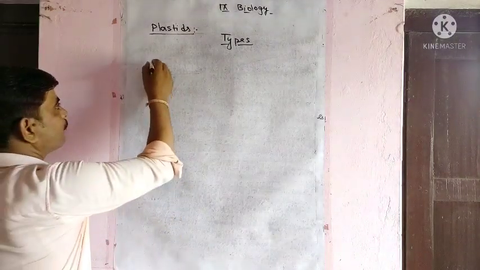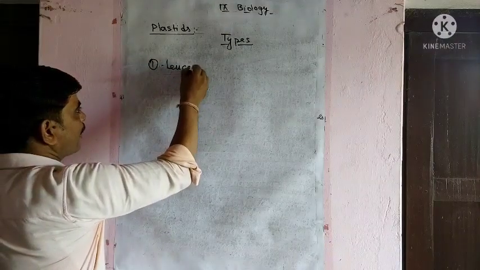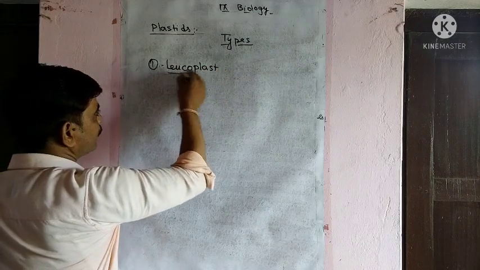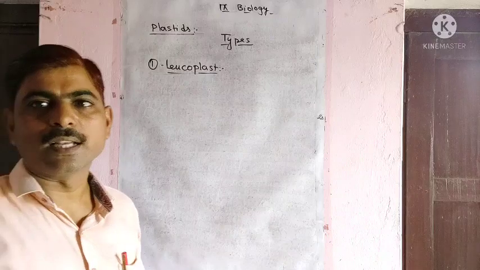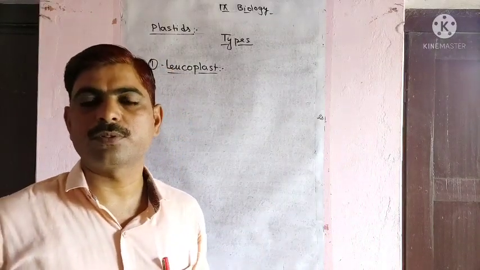The first is leucoplast. This leucoplast does not have any coloring. It is non-colored, not exposed to light.